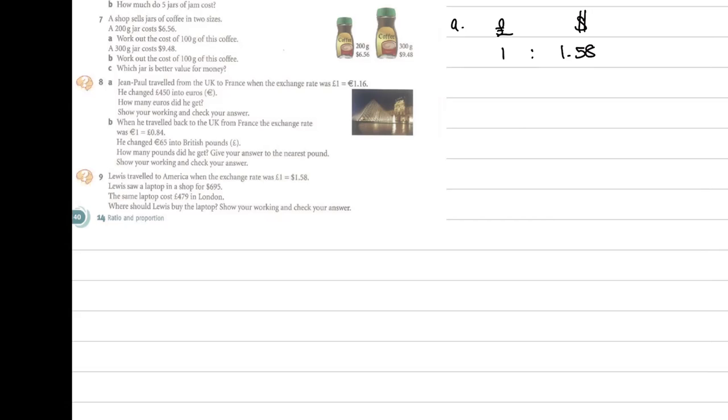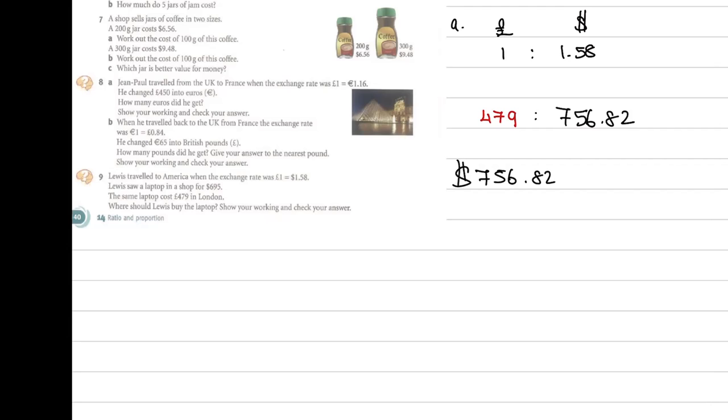I'm going to use pounds and convert to dollars because that's the easier one. So I'm going to find what £479 is in dollars. I multiply by 479 on both sides. So 1.58 times 479, I will get 756.82.